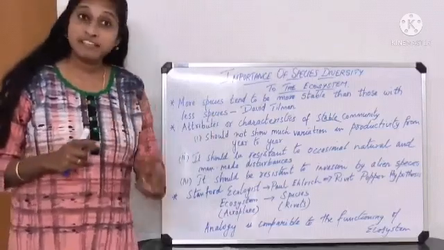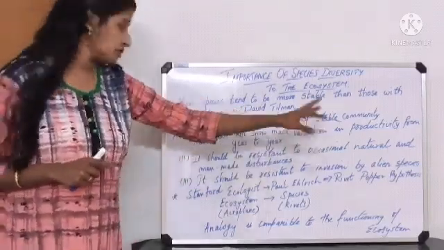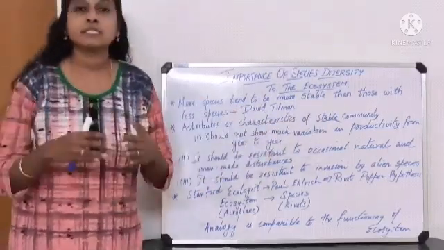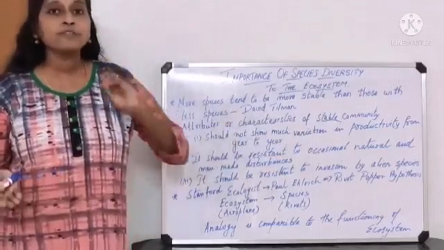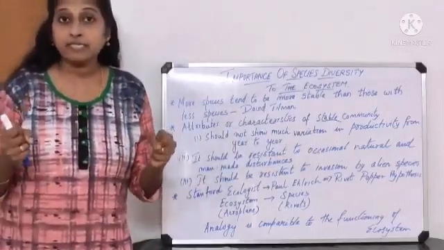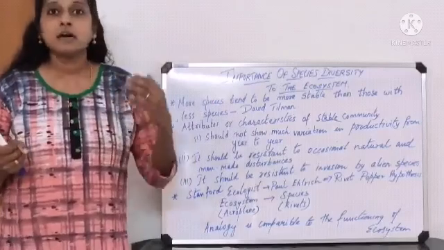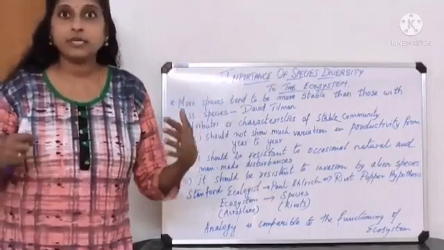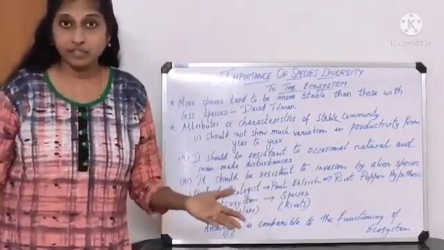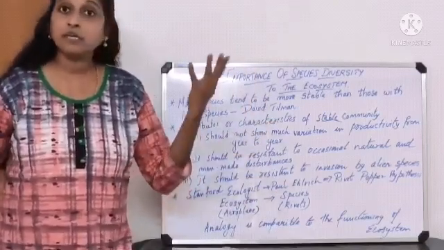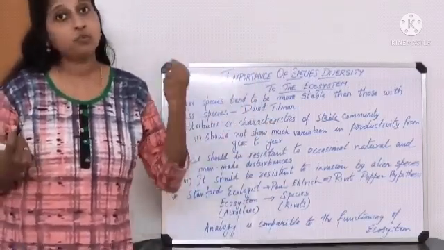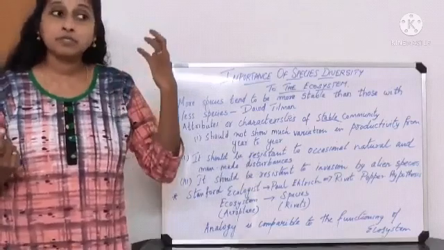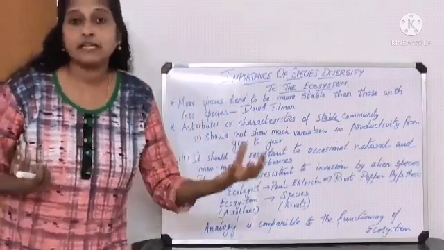Number 2, it should be resistant to occasional natural and man-made disturbances. Resistant means it has the capacity to resist the things which come in. It can be natural, like a flood is coming, the plant should have the resistance to withstand flood, or to withstand drought.